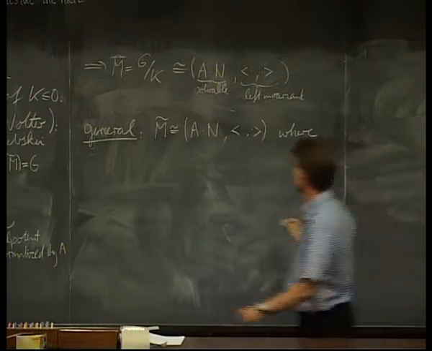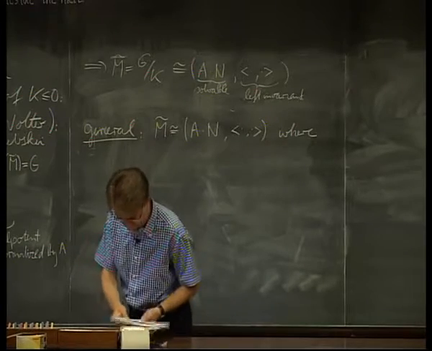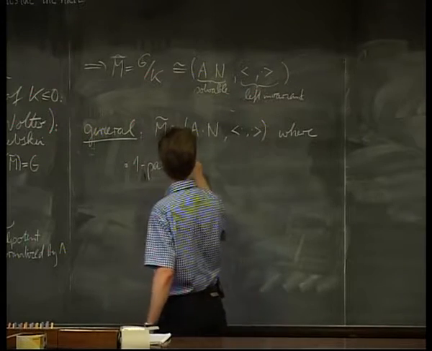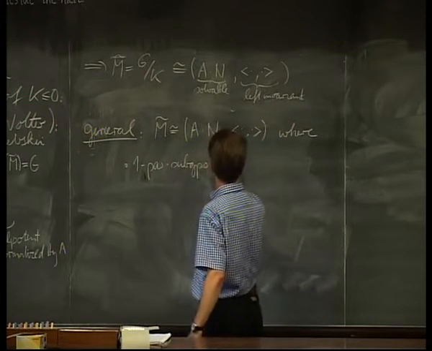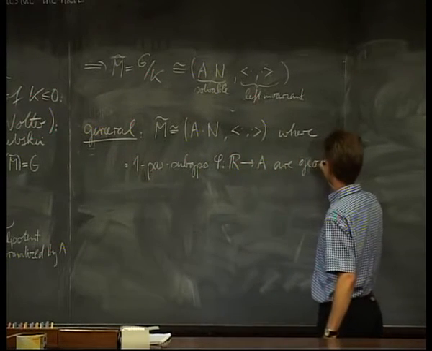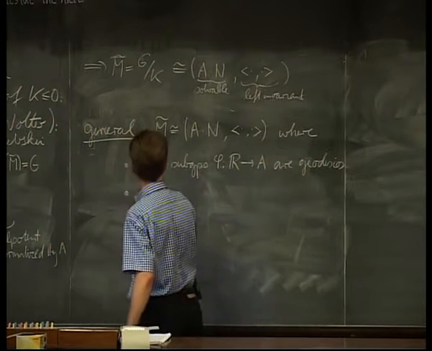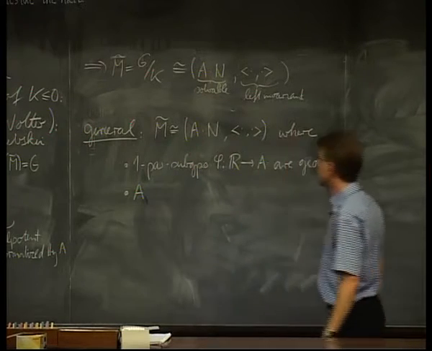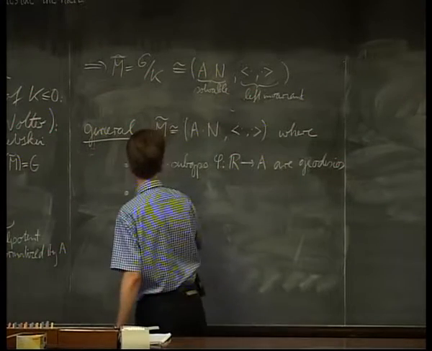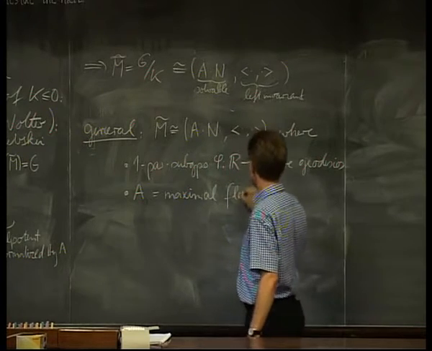So for example, one parameter subgroups in A are geodesics. And the union of all these geodesics, so the group A considered as a submanifold of M tilde, turns out to be a flat subspace of maximal dimension.